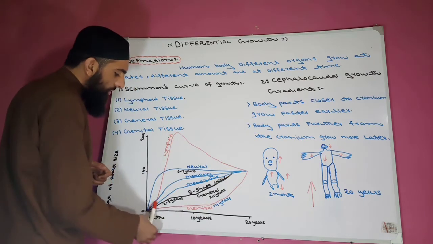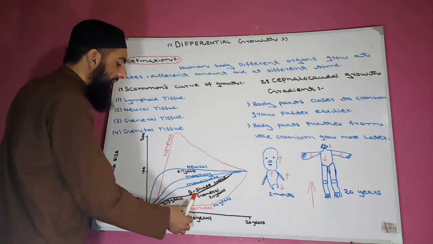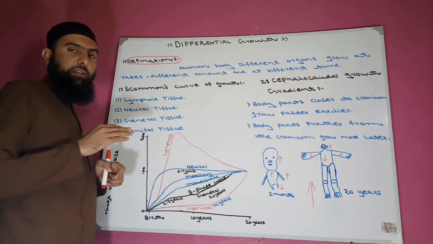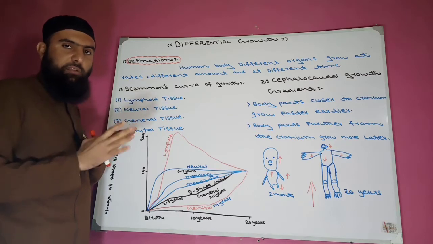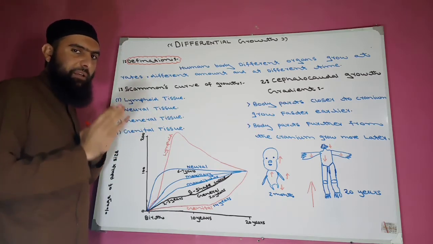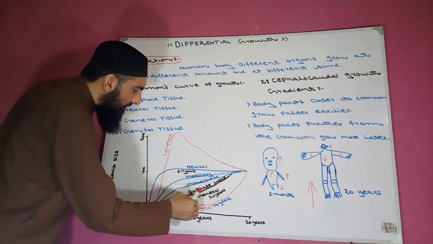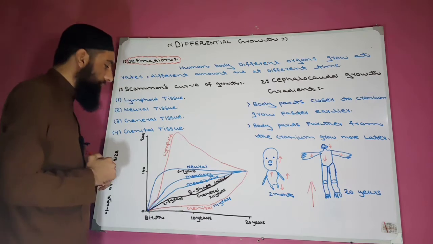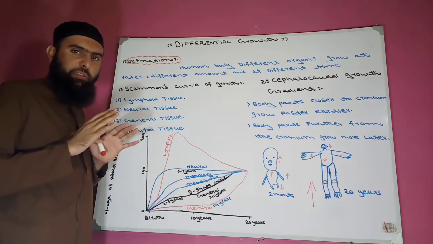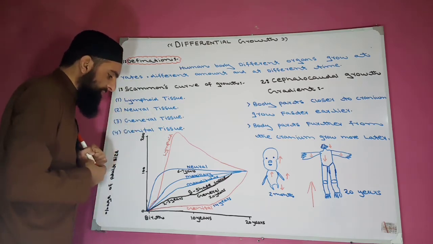Meaning initially the growth is rapid, then the growth decreases, and then again the growth becomes rapid. Therefore, first growth increases, then decreases, then again increases, and this increase, decrease and increase form an S-shaped curve. This is the S-shaped curve. General tissue forms an S-shaped curve in the Scammon curve of growth.